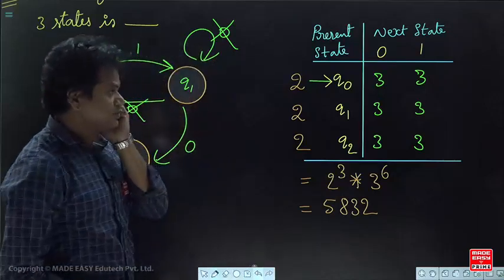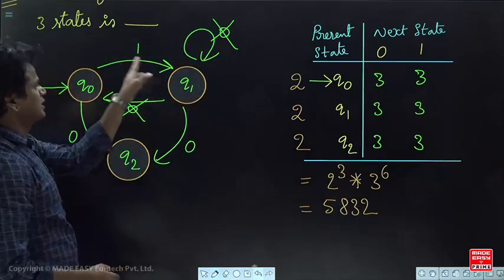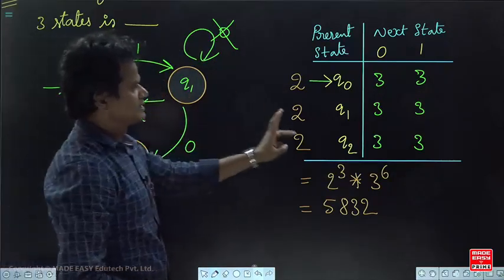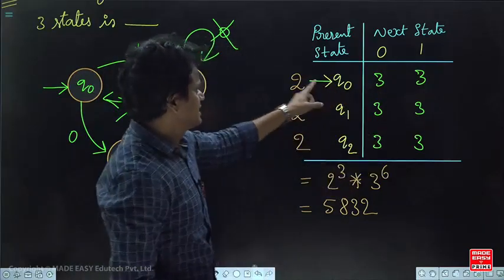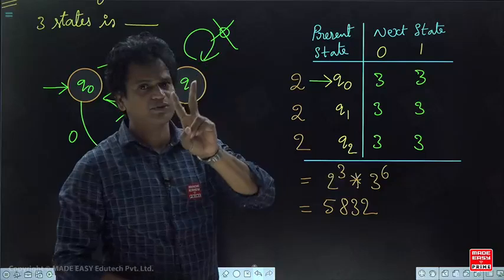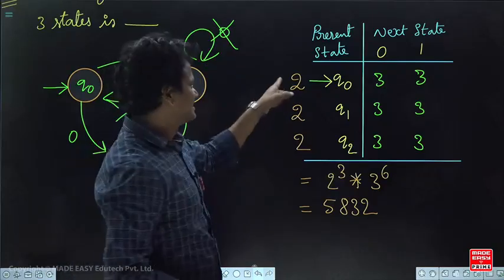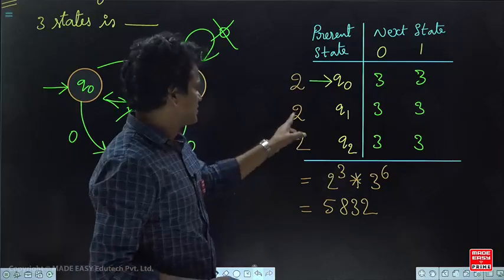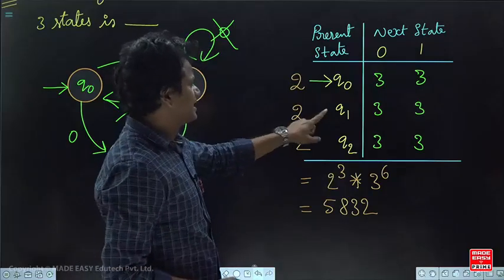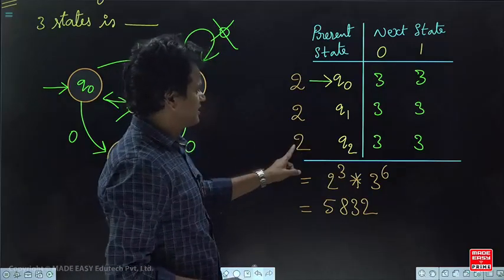I repeat. Q0 on 0, you can go to Q0 or Q1 or Q2. Three ways. Similarly, Q0 on 1, three ways. Q1 on 0, three ways, and so on. Any state can be final or non-final, only two different ways. Q0, Q1, Q2 can each be final or non-final.